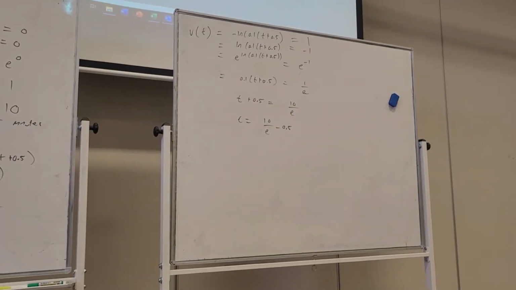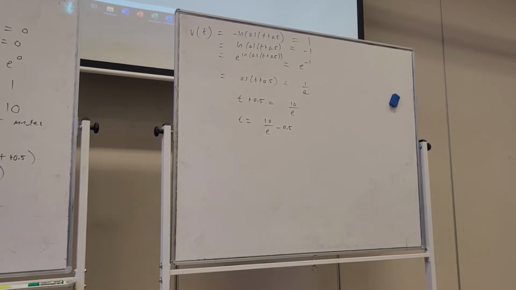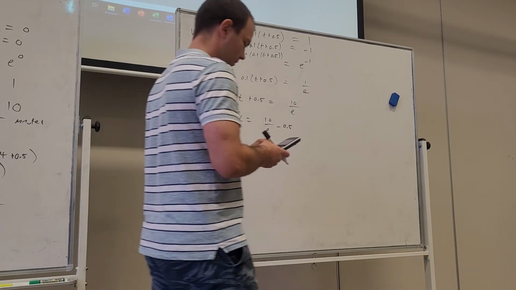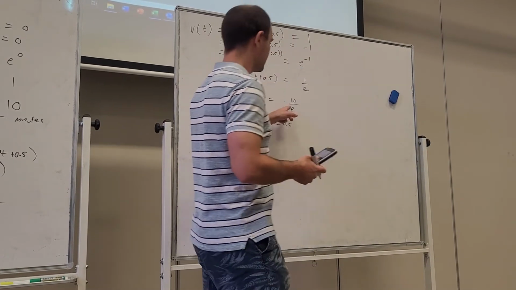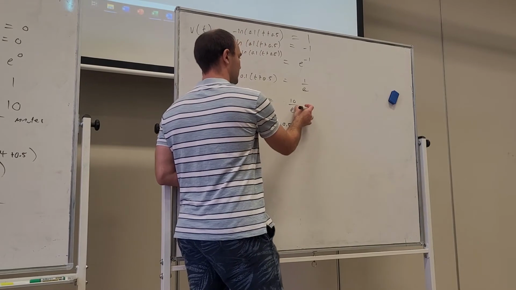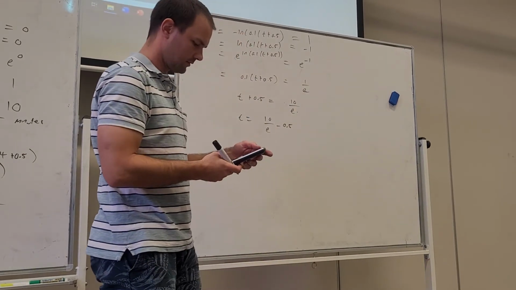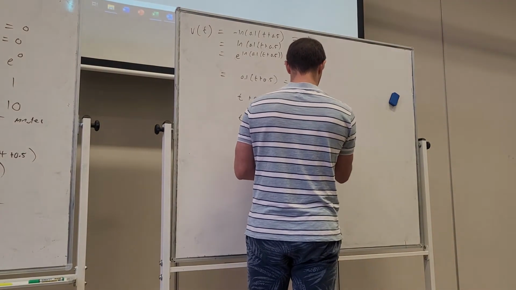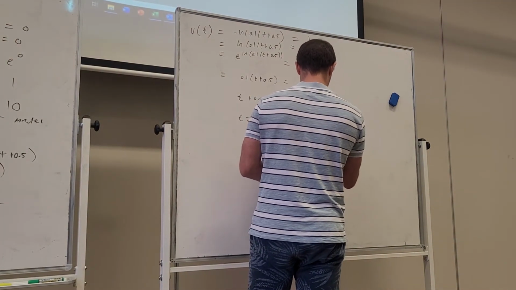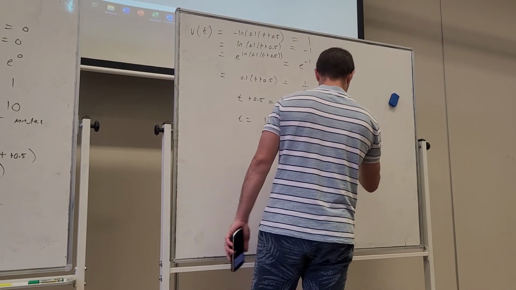So that's it exactly, and if you put in your calculator, what is 10 on e? 10 on e to the power of 1. So e by itself just is e to the power of 1. Take 0.5. 3.178, which is 3.18 minutes.